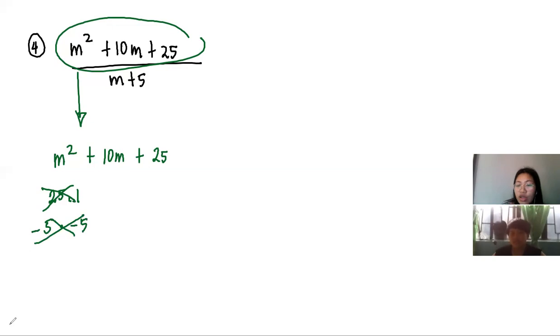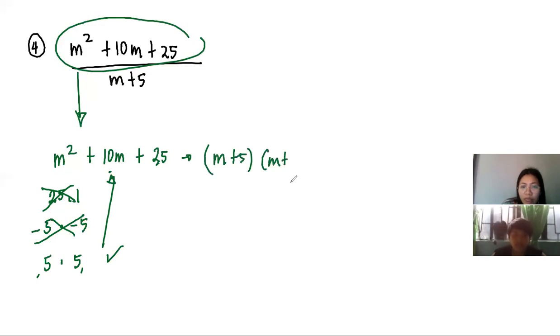So, what will we use? One is positive 5, the other is positive 5. Both are positive. When you add positive 5 and positive 5, the answer is positive 10. When you multiply positive 5 and positive 5, you get positive 25. So, the factors are m plus 5 and m plus 5. Okay?